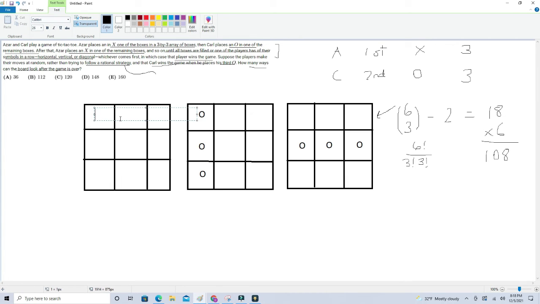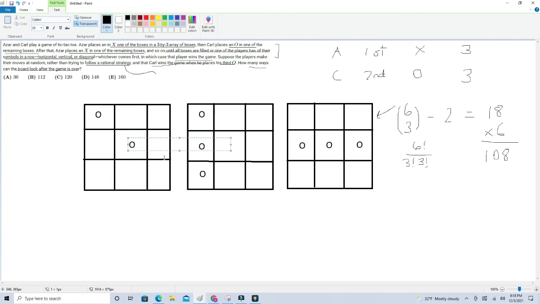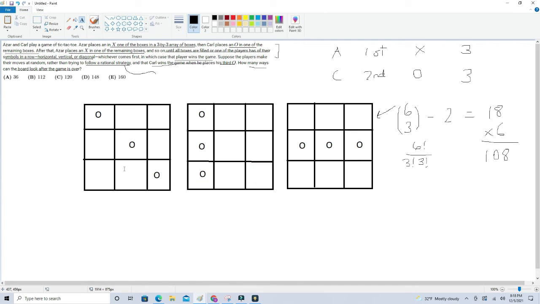So we're going to pick the upper left to down right diagonal, just because I want to. Doing this, we see that no matter which three cells we pick for Azar to put his three X's, there is literally no way for him to win.